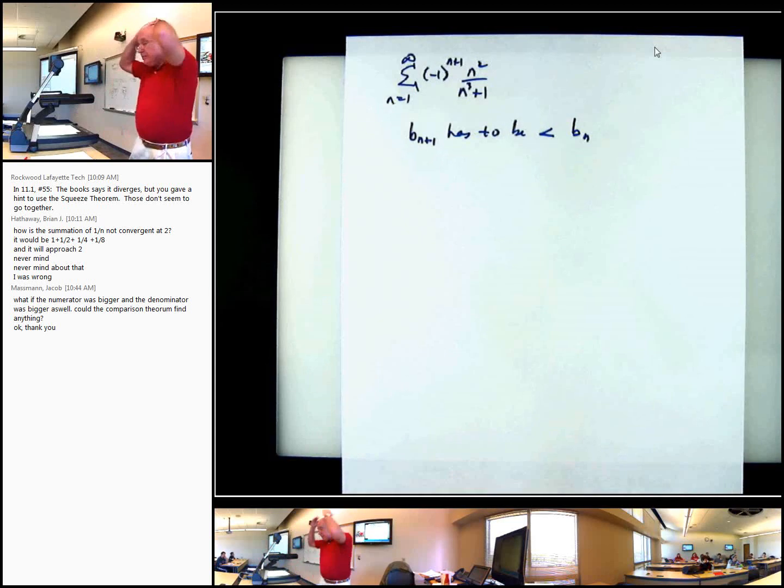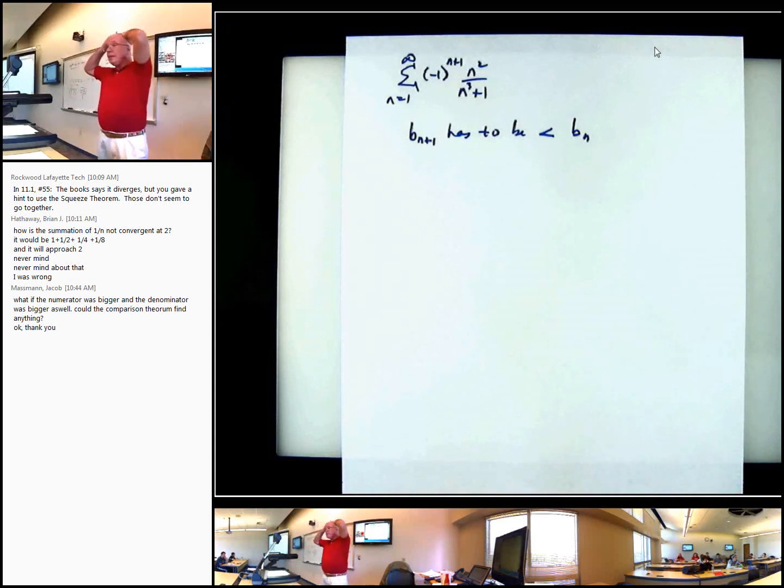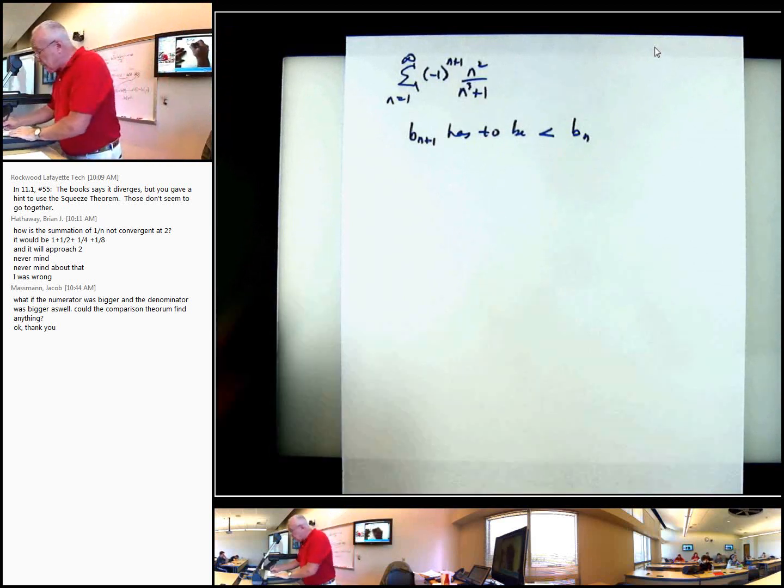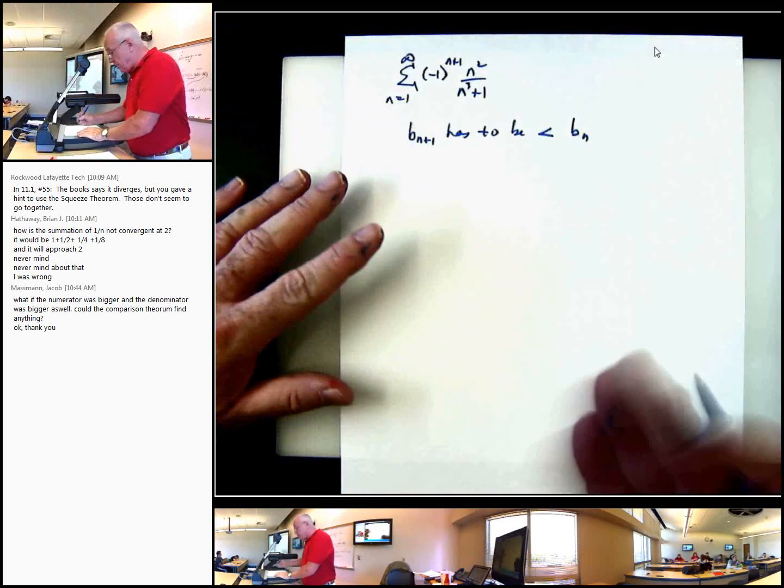So the thing is, it isn't real obvious to me that b sub n plus 1 is less than the preceding term. So how can we figure this out? Well, let's look at the corresponding function.